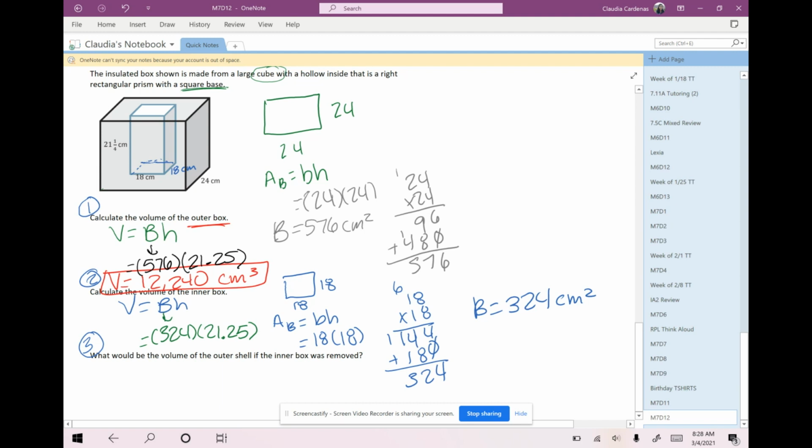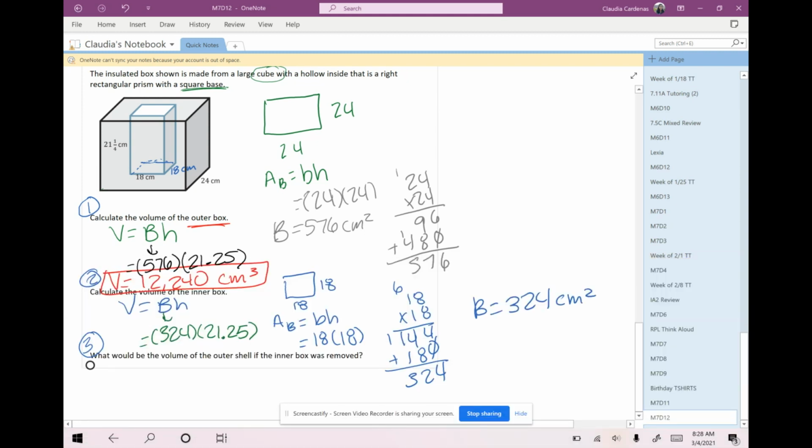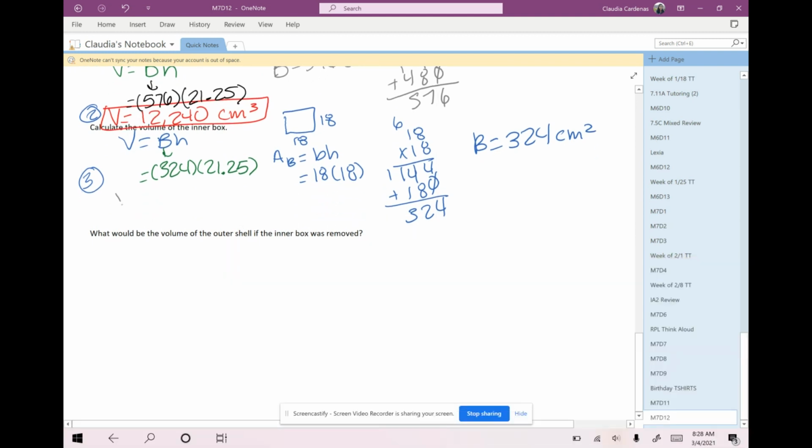So once more, if I use this calculator to speed up the process, I see that the volume is 6,885 cubic centimeters. This is for the inner box.